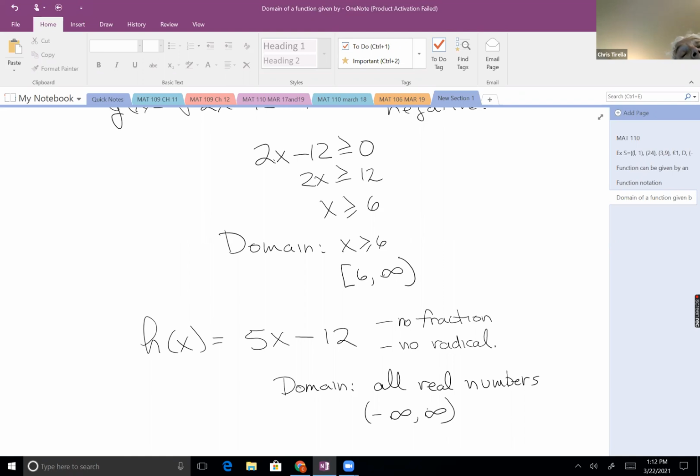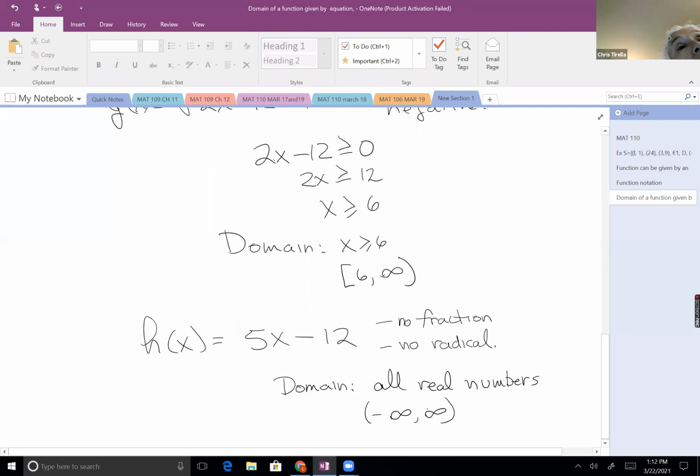And so if we're given numbers to use for x, that's our domain. If we're not given numbers to use for x, and we're given a rule, an equation to define a function, to find the domain, we have to watch out for two things.